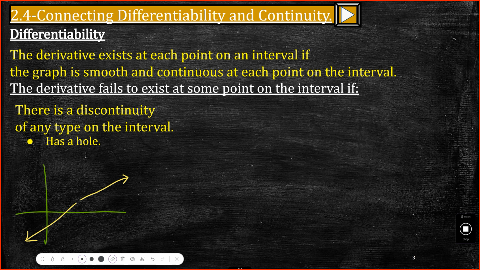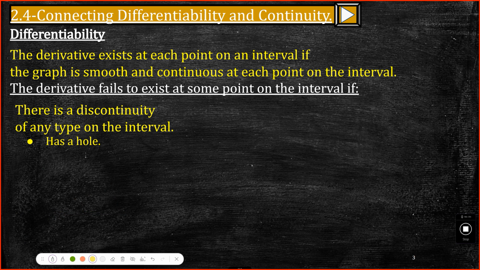If it has a hole, then it is not differentiable from, say, A to B, because at this point where it is not continuous, it is not differentiable. It would be differentiable everywhere except here. But because it's not differentiable here, it's not differentiable on the whole interval.